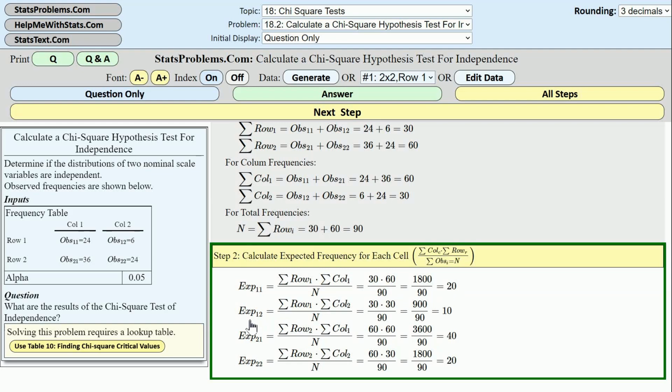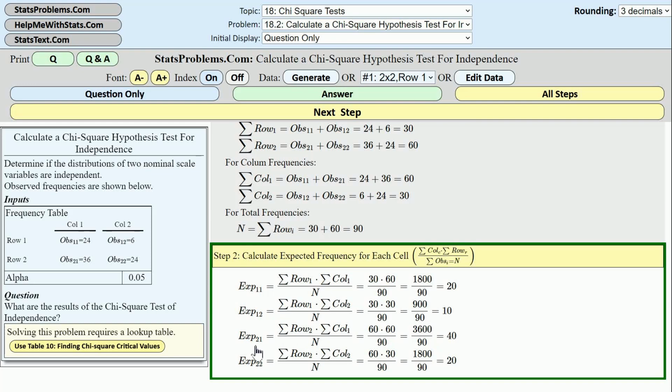The expected frequency of cell 12 is the sum of frequencies for row 1, times the sum of frequencies for column 2, divided by the total number of frequencies, n. In this example, the expected frequency of cell 12 is 30 times 30 divided by 90, which works out to 900 divided by 90, which works out to 10.